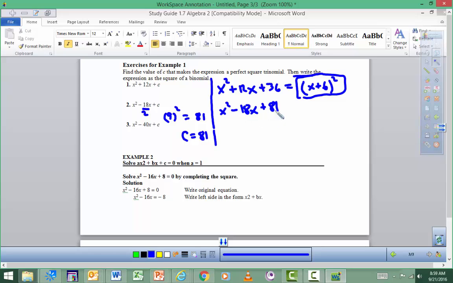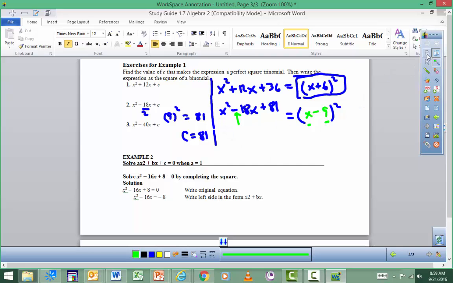But now that you found this, it is a perfect square. So you could write this squared. Now, what goes in here? It's minus this time because there's a minus right here, right? So it's x minus 9. You see? That sort of makes sense? Feel more comfortable with this? I hope so.